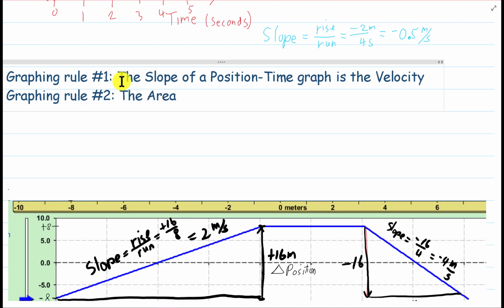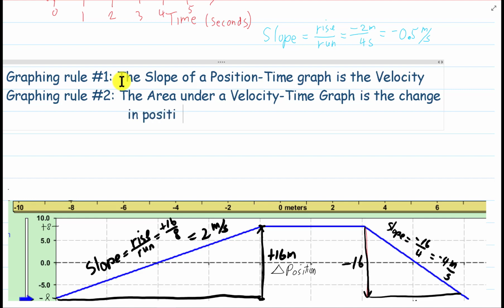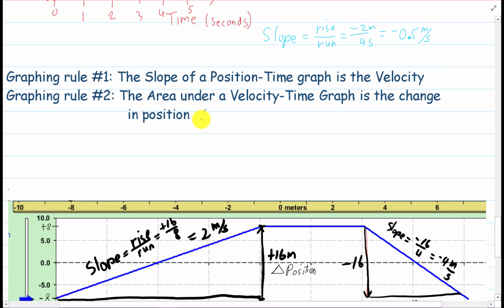The area under a velocity time graph is the change in position. And that symbol is delta P.